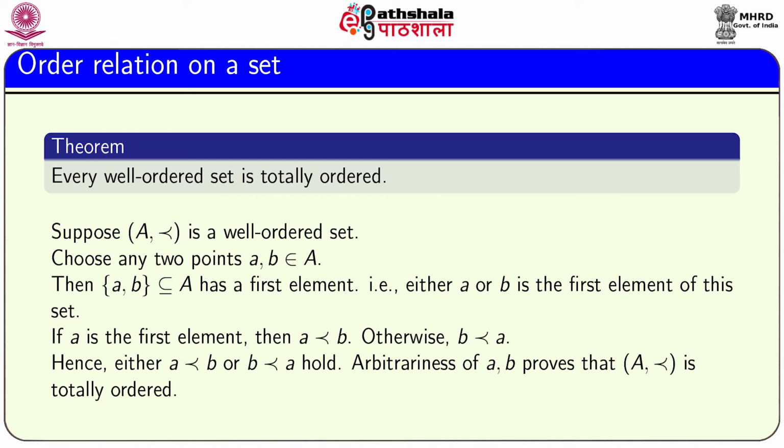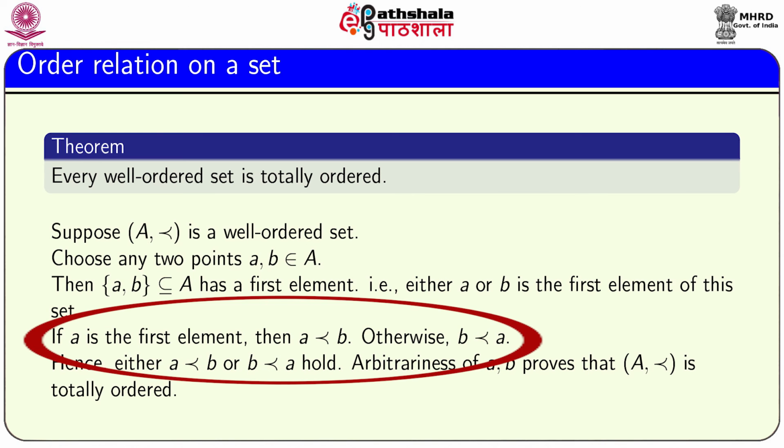and by well ordering there must be a first element for the set {a, b}. That means either a or b is the first element of this particular set.